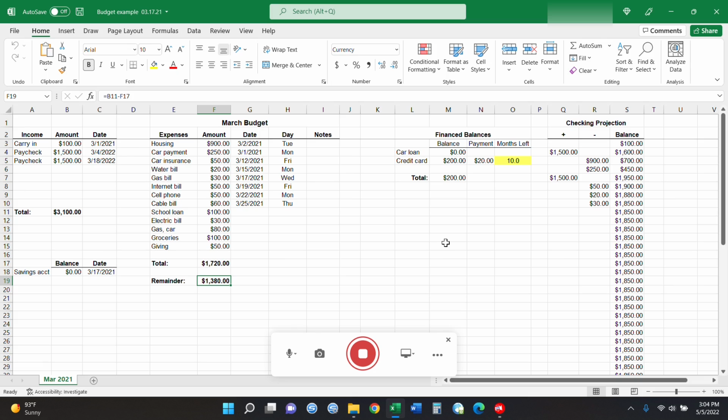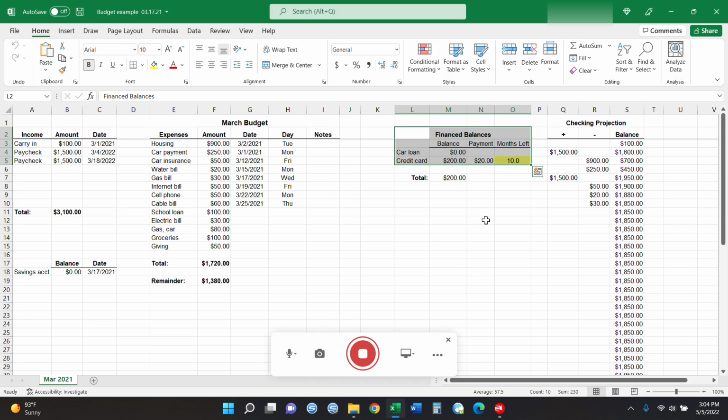And then we go over here, and I've got a section I call financed balances. And basically, this is any kind of balance that you may owe on some sort of a loan, something that's financed. Could be car loan, credit card, boat loan. You could put your mortgage in here if you wanted to. Could be a student loan, something along those lines.